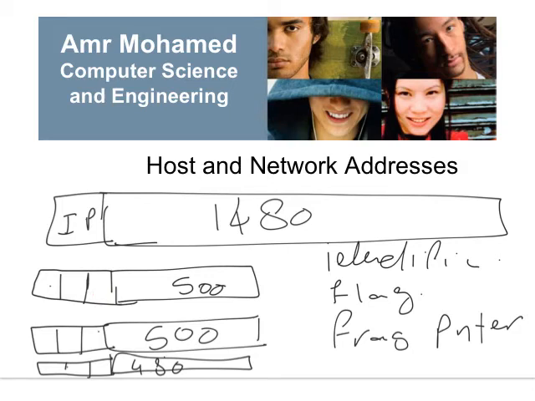Basically, the first one will have an identification of 0, this one will be 1, and this one will be 2. That's easy. The flag will be 110. And the fragment pointer here will be 0, here will be 500, here will be 1000. Okay? So that's how you set these three fields.